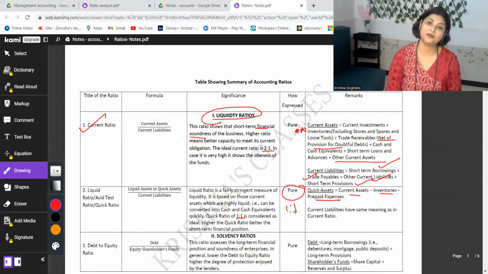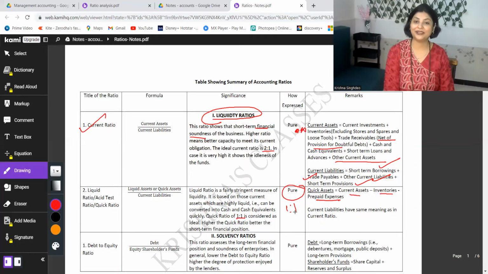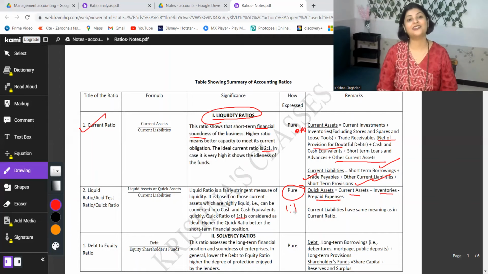The videos will come at regular intervals, so you can keep following me, and we will together complete the entire chapter. So today the starting has been done. We have started with what is the liquid ratio and what is the current ratio. The theory part is done. Now we will meet again in the next video, and we are going to start the numerical questions for this particular chapter.